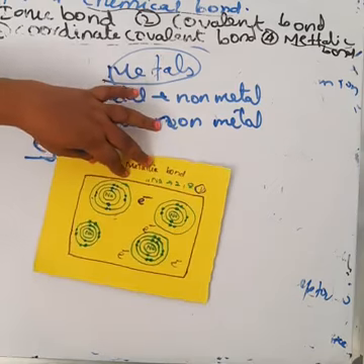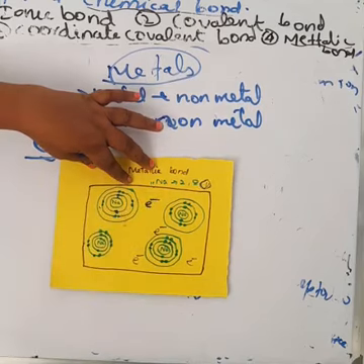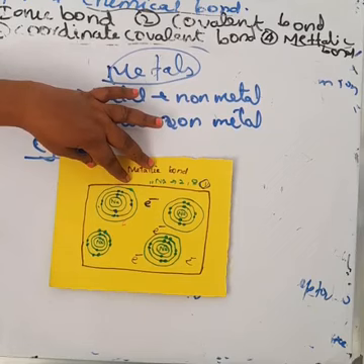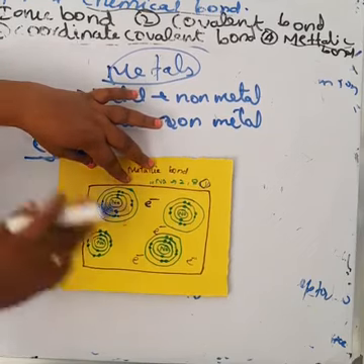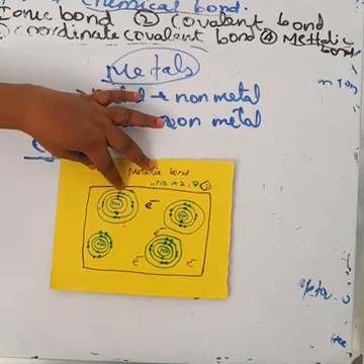But this 1 electron comes out from the outermost orbit and moves freely. The last orbit does not have the electron in the sodium crystal lattice.